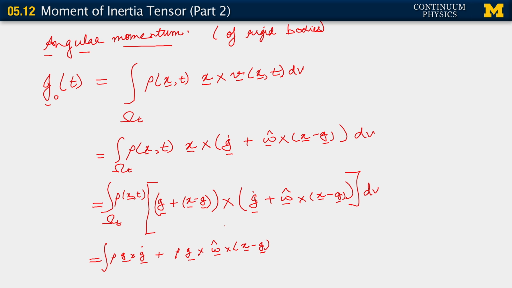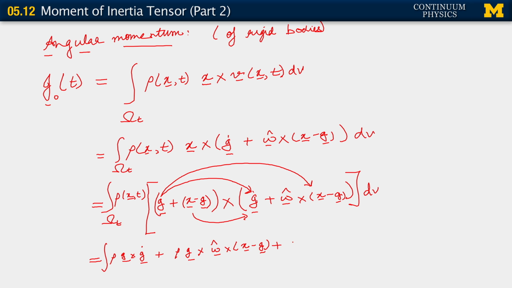And that was obtained by applying the terms I've carried out. This one first, that is rho g cross g dot. The next term I wrote out was g cross that. And now I'm going to do x minus g cross this.